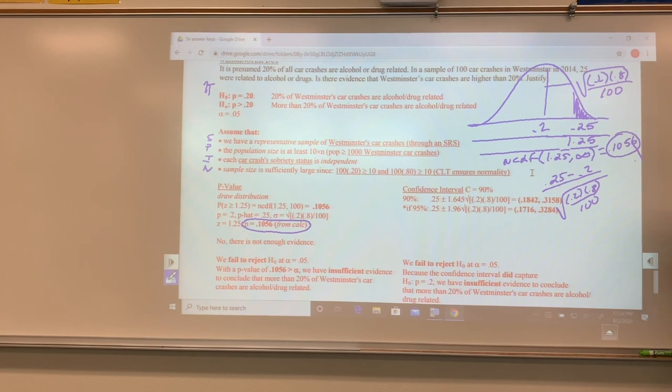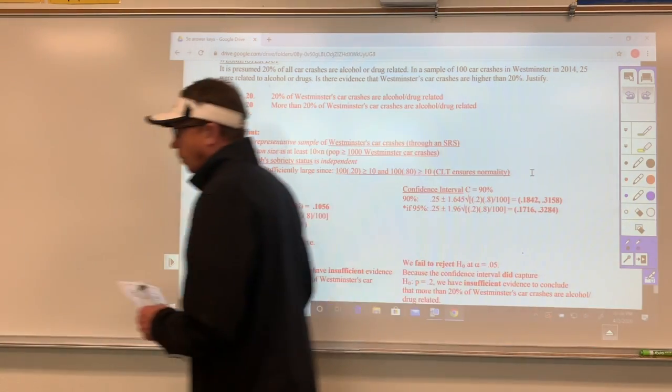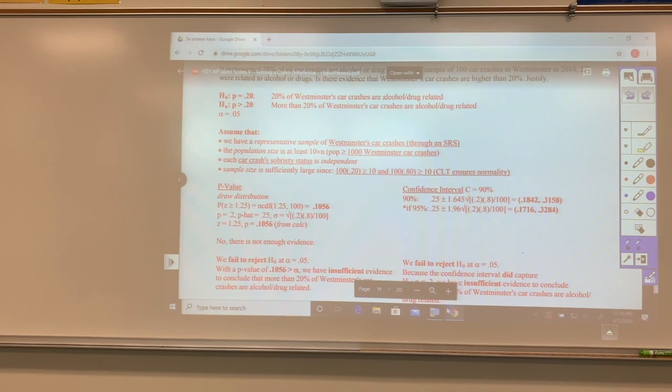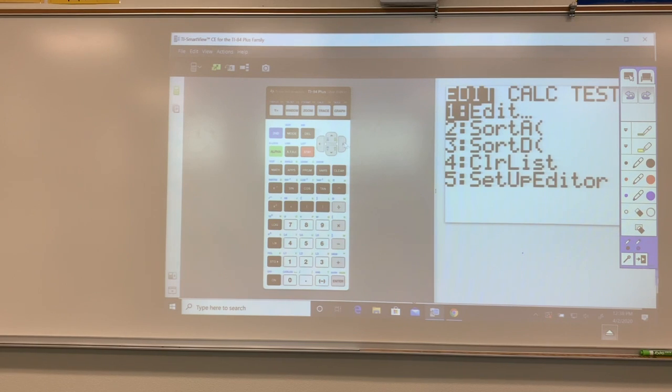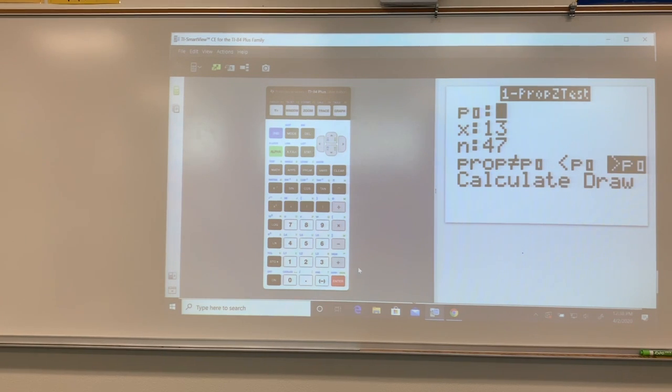You can do this all by hand, but of course there is a calculator function, so let me do that now. I'm going to go to Stat, Tests, and do a 1-PropZTest.